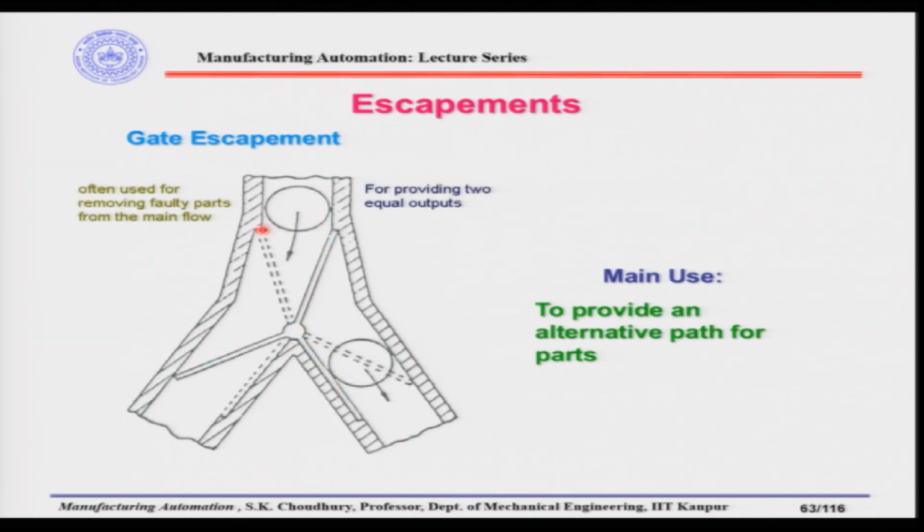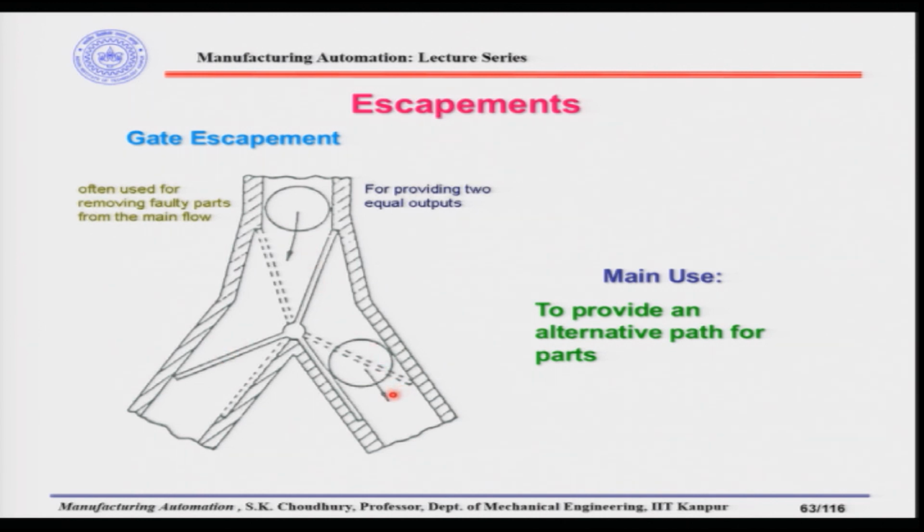This will move from this position to this position as shown in the dotted position. That means the other passage will be opened now. Then when the part goes through the other passage, the leg here will move this to the other position. So, it will keep on moving like that as the parts come in one passage or the other.